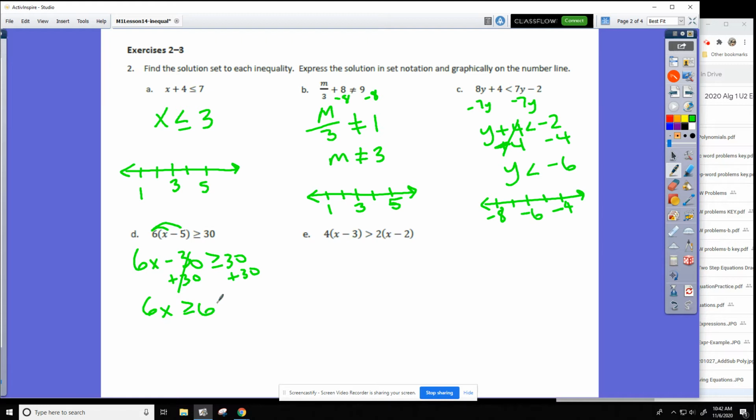But in this case, we don't get 0, we get 60. 6 times 10 is 60. So my focus is going to be 10, 11, 12, 9, 8. This one you have to distribute for both sides.